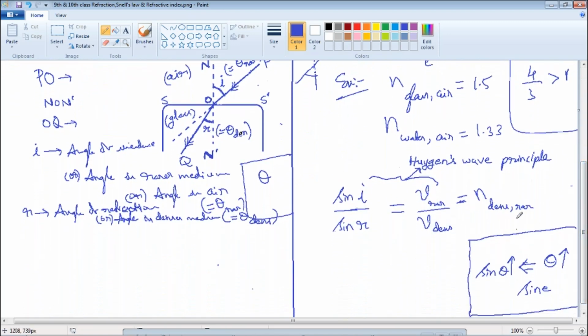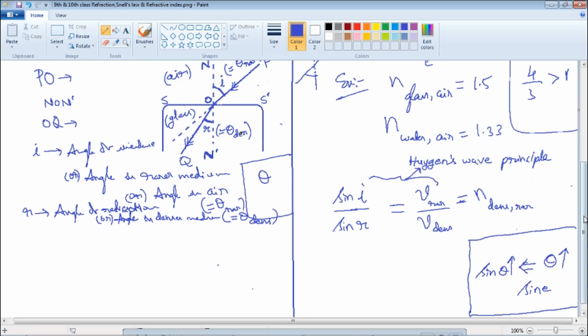Refractive index of the denser medium with respect to the rarer medium is the ratio of the sine of the angle in air, I denotes the angle in air, to the sine of the angle in the dense medium, or the ratio of the sine of the angle of incidence in air to the sine of the angle of refraction in the denser medium. So this is the second definition for refractive index of the denser medium with respect to the rarer medium.